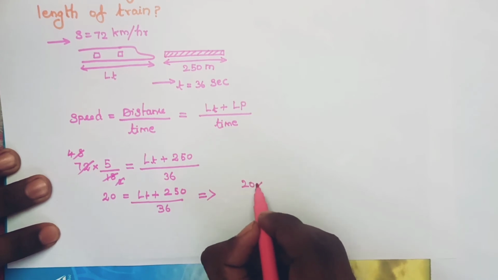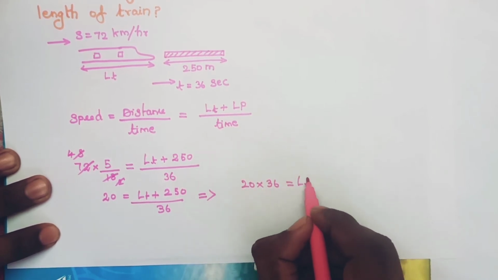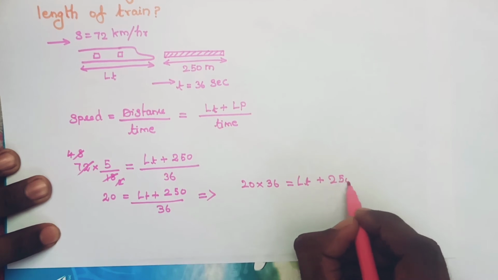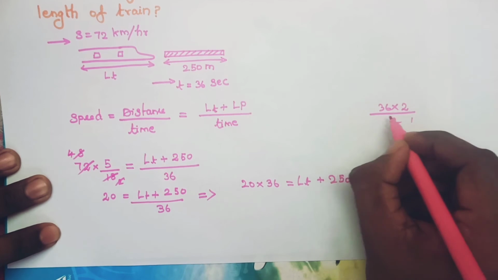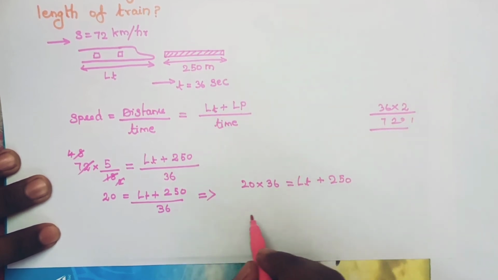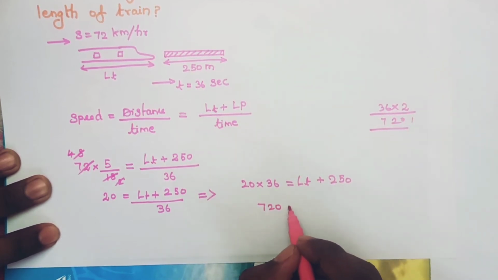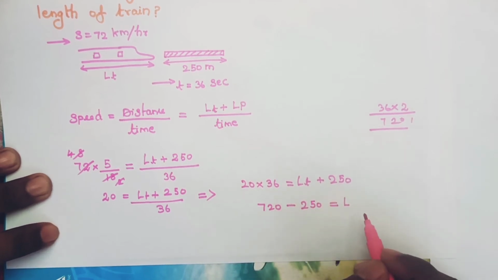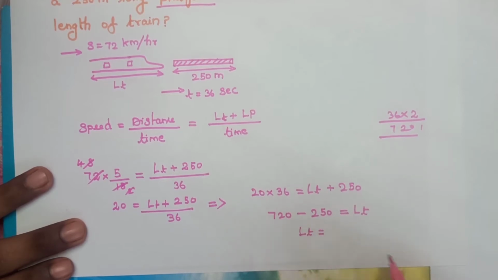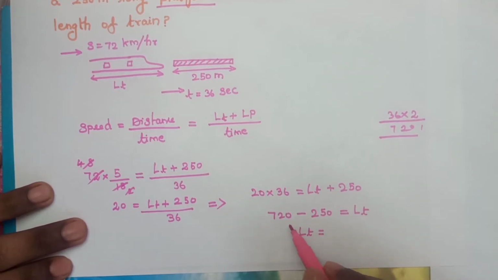So 20 into 36 equals LT plus 250. 36 into 20 is 720, right? 720 minus 250 equal to LT. If you subtract 250 from 720, what you will get? That is 250 plus 220, 470 meter.